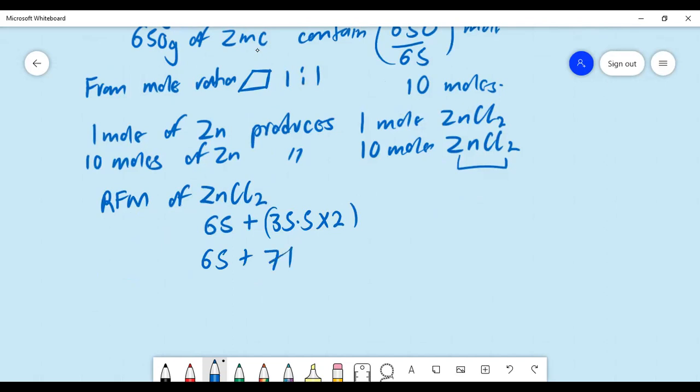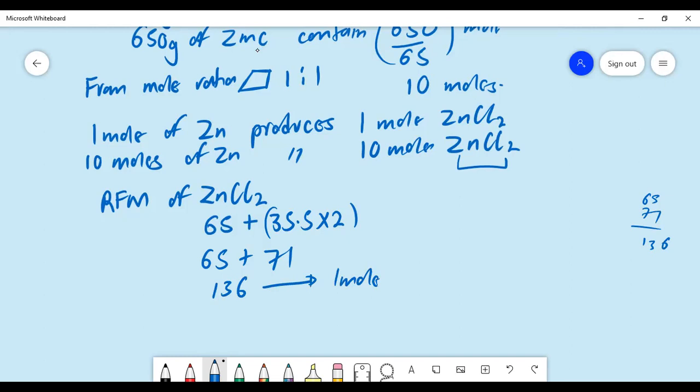When you add 71 plus 65, do you get 136? Yes, 136. These are grams, in 1 mole. So we're getting 136 grams.